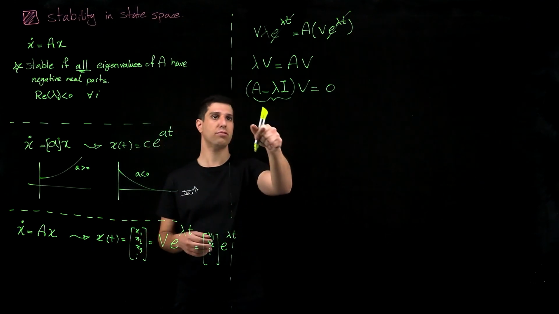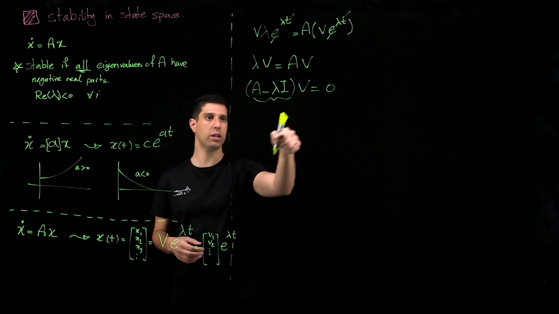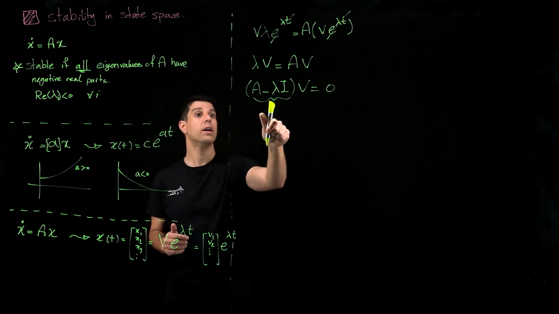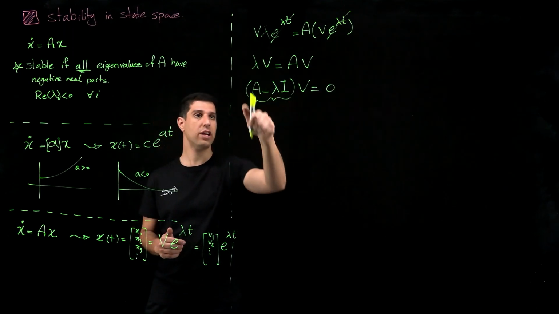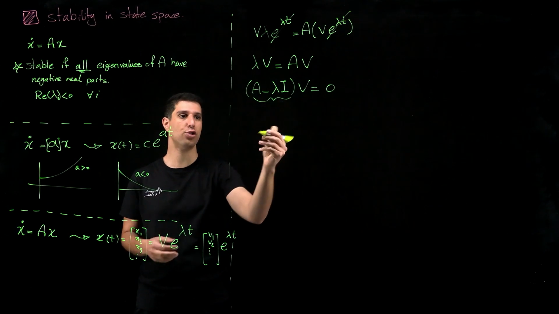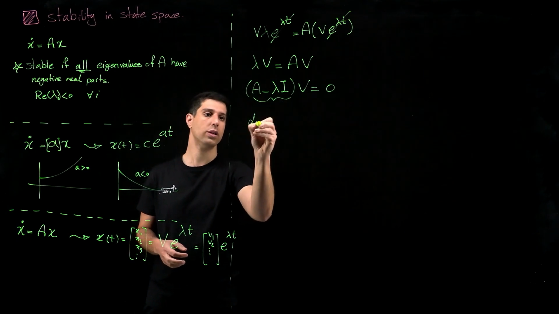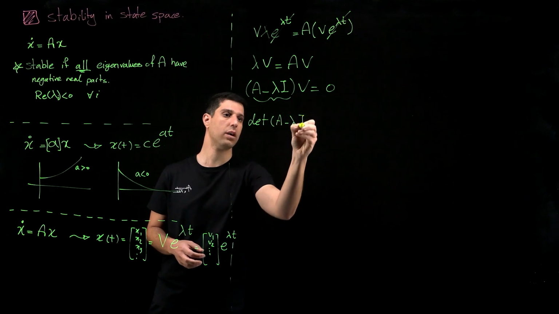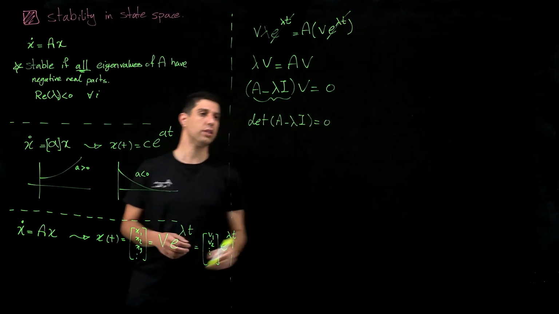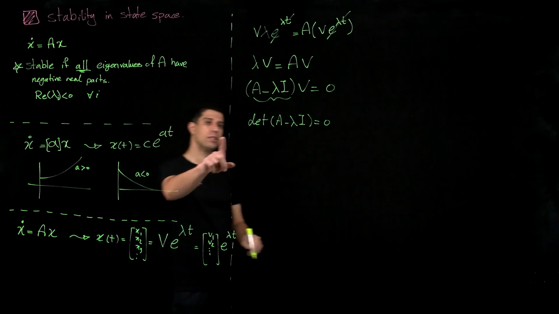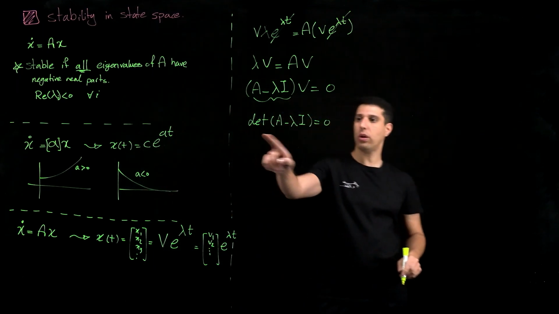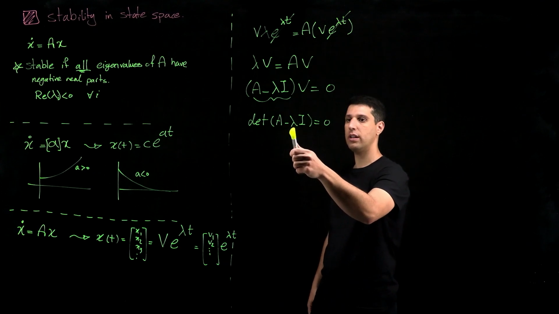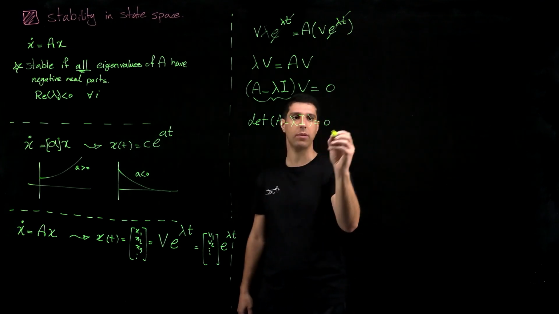You have a non-zero v multiplied by a matrix, you get 0. What the hell? So that means this matrix has some issues, and that issue is that the determinant of A minus lambda I should be 0.